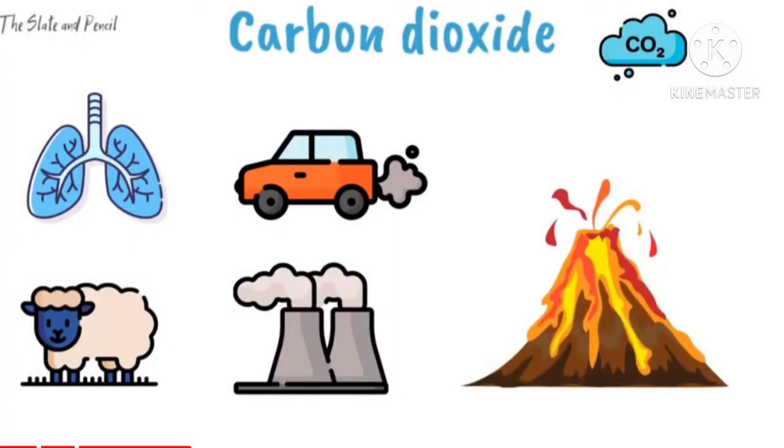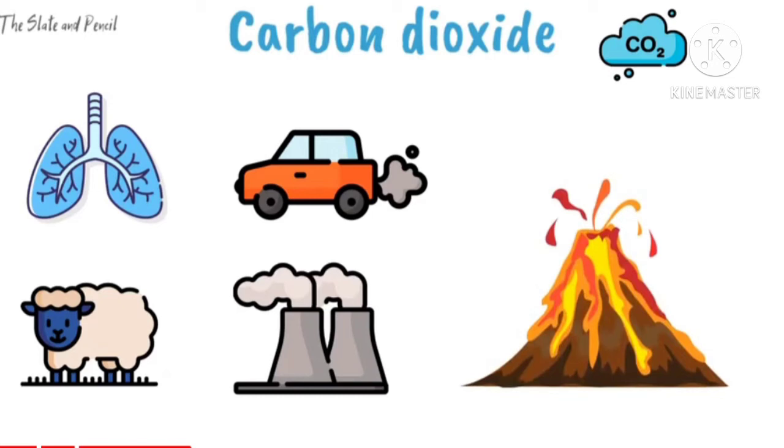Carbon dioxide. Carbon dioxide is another important gas. Green plants use carbon dioxide to make their food and release oxygen. Humans and animals release carbon dioxide. The amount of carbon dioxide released by humans and animals seems to be equal to the amount used by the plants, which makes a perfect balance.